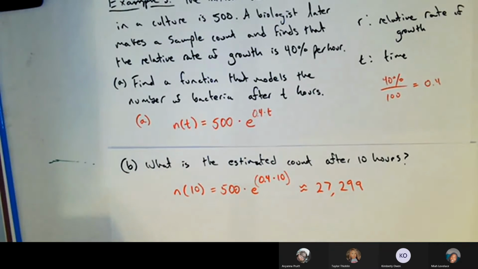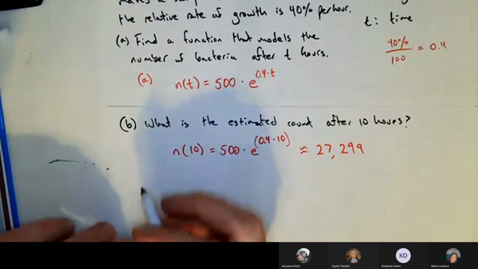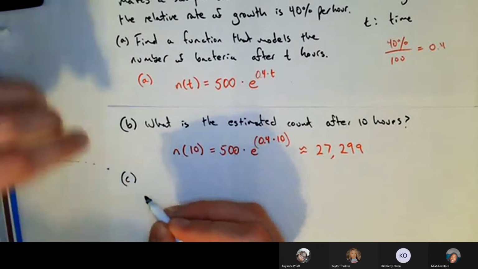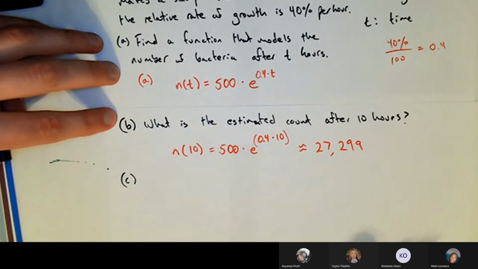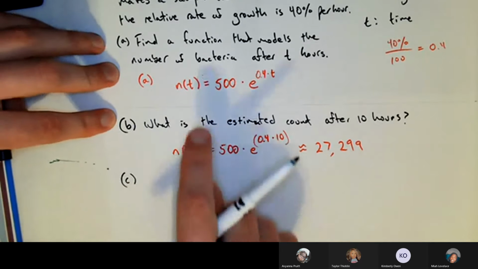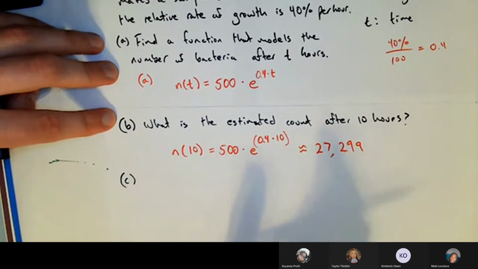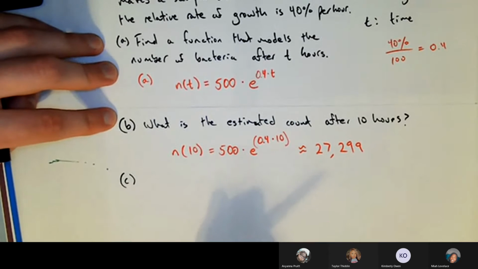Okay, part C. So hopefully you're seeing, building the function really, I guess, is the hardest part, right? I mean, it depends on how comfortable you feel with these sorts of calculations, but once you get the function, the model, the formula, you're just plugging in numbers, right?